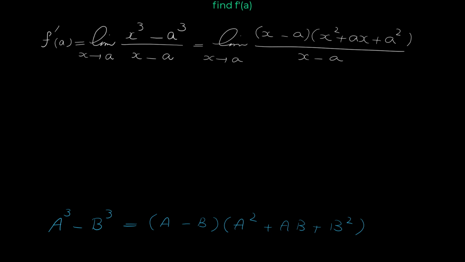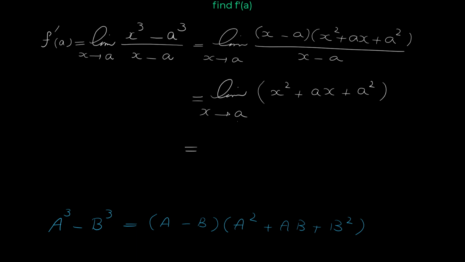As you can see, x minus a from the numerator with x minus a from the denominator, we can cancel these two. And then we have the limit of x to the 2 plus ax plus a to the power of 2 when x approaches a.